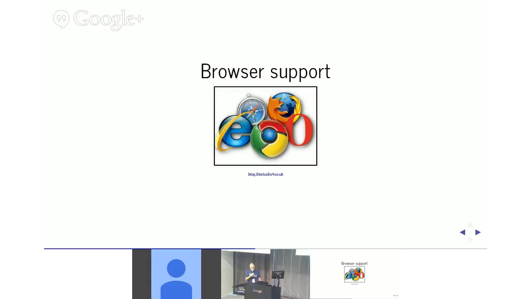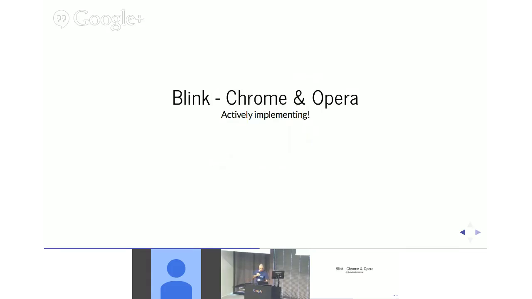When it comes to browser support, in Blink, srcset has shipped. Sizes and the W descriptors are implemented, and I'm currently halfway through the work on the picture element parts.